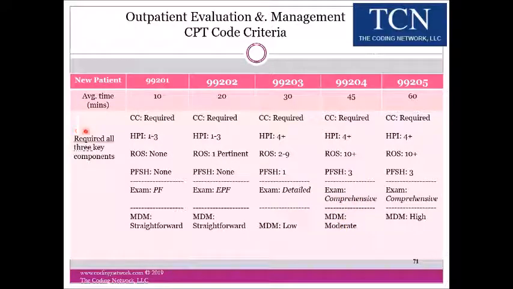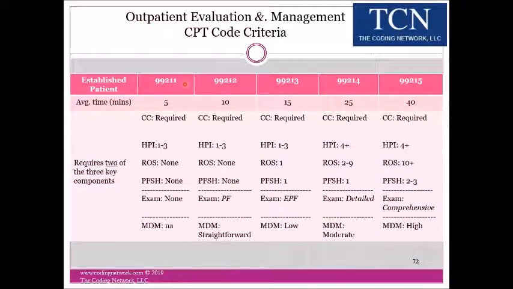So new patient visits, you've got to meet the criteria for all 3 key components. When you get to your established patient visits, you only need to meet 2 out of the 3 key components. I do recommend that you always use medical decision-making as one of the key components, because that really helps to support the medical necessity, the complexity of the service.